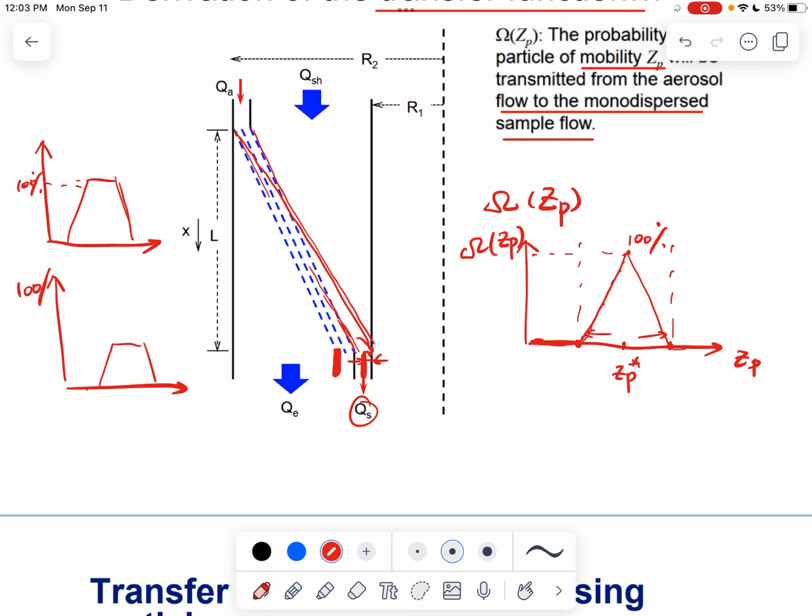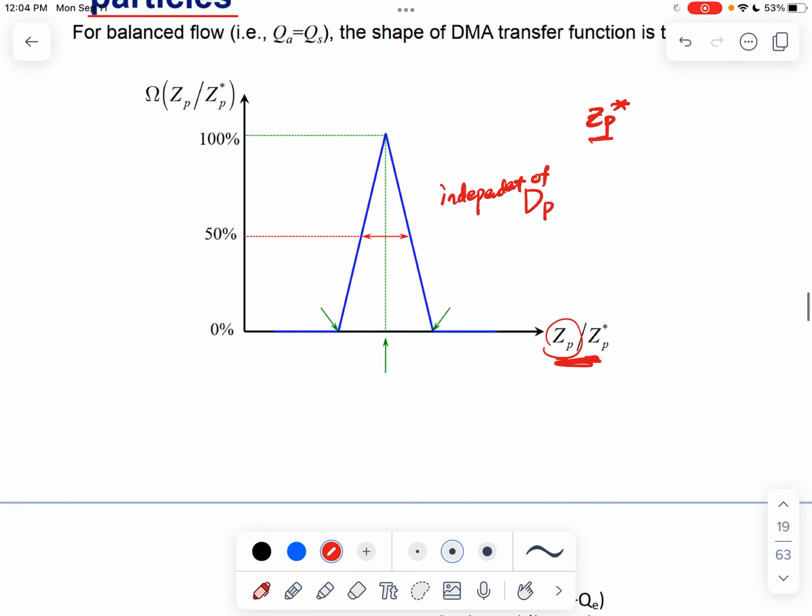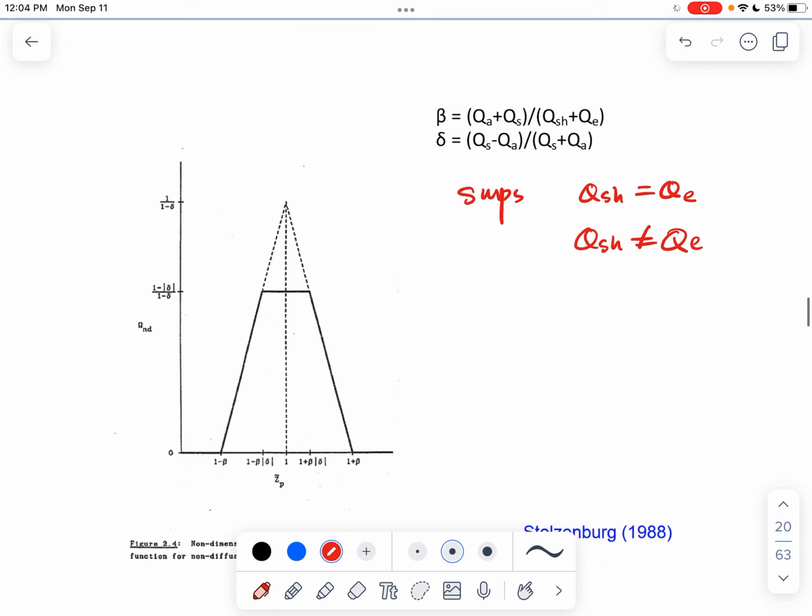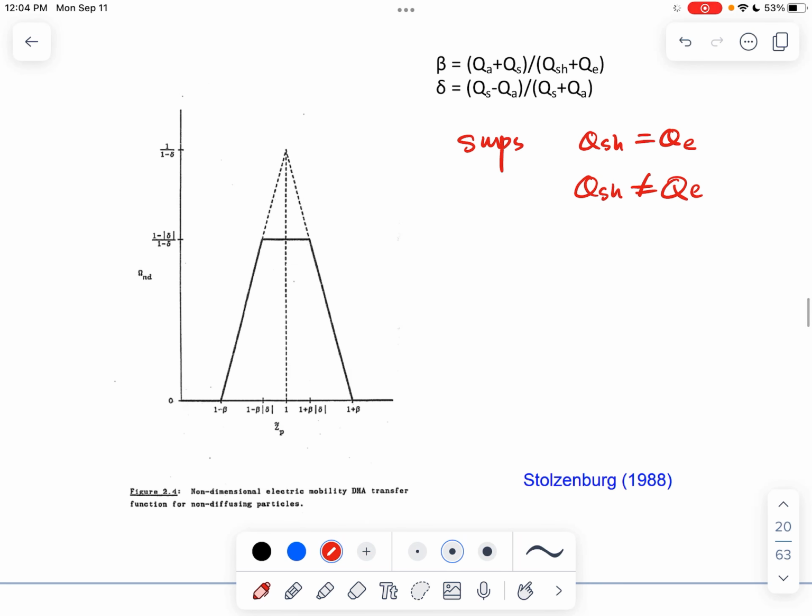Because of that, you will also have a trapezoidal transfer function. And now the maximum transfer function, or the probability, is not going to be 100%. It's going to be below 100%, because not all the particles of this perfect size can get collected, right?